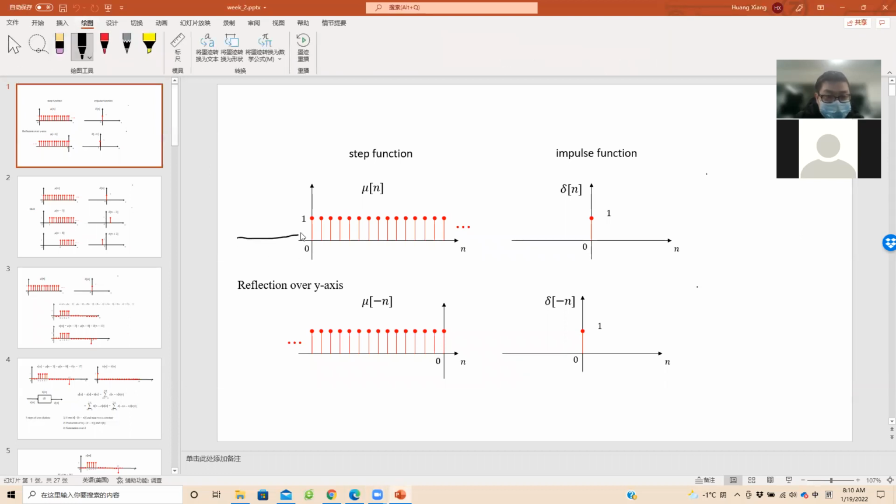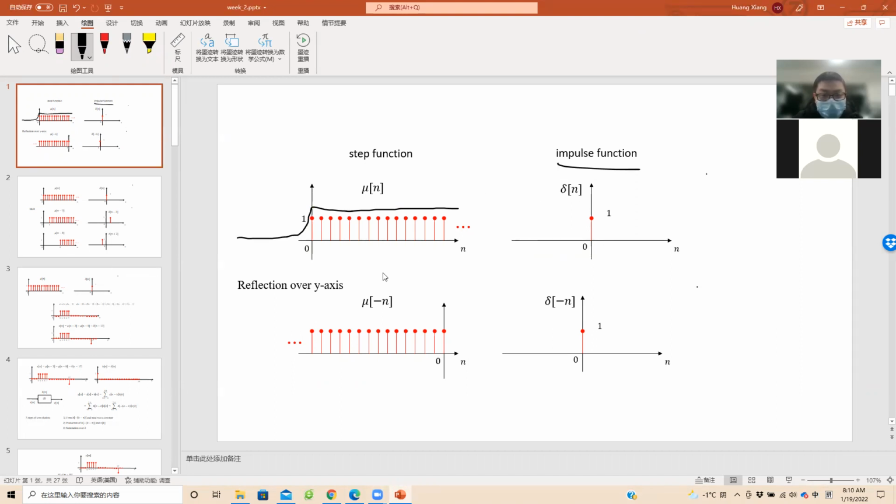So it's like a step, right? For the impulse function, there is only one value when n equals 0, and there is no value around the other parts. So we call this impulse function delta of n.